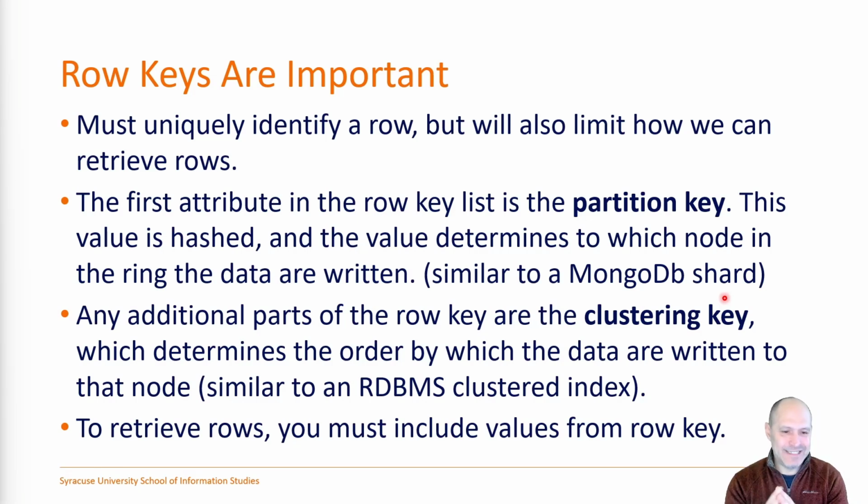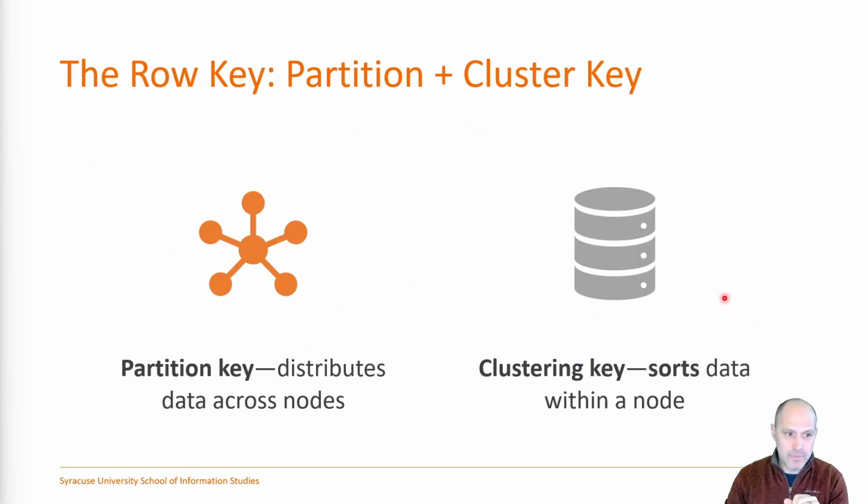We can create indexes and stuff so that you can use the partition key and a different key to retrieve like a name. But you're definitely going to need the partition key so that you can figure out which node has the data. So again, partition key distributes data across the nodes. Clustering key sorts the data, stores the data in sorted order within the node.